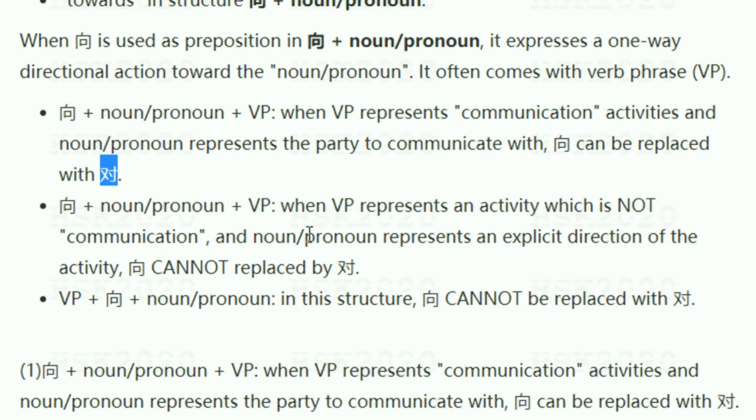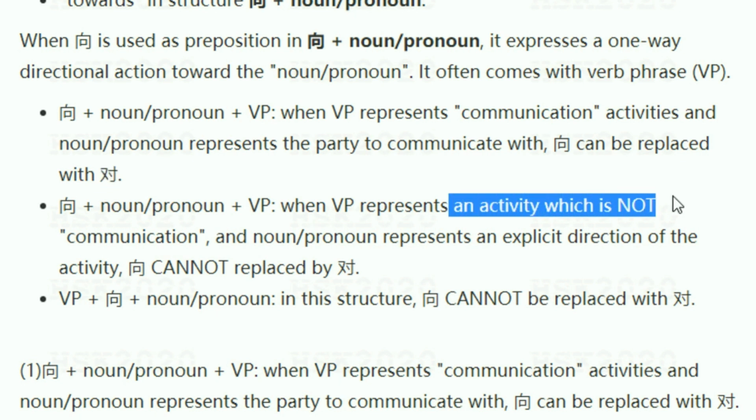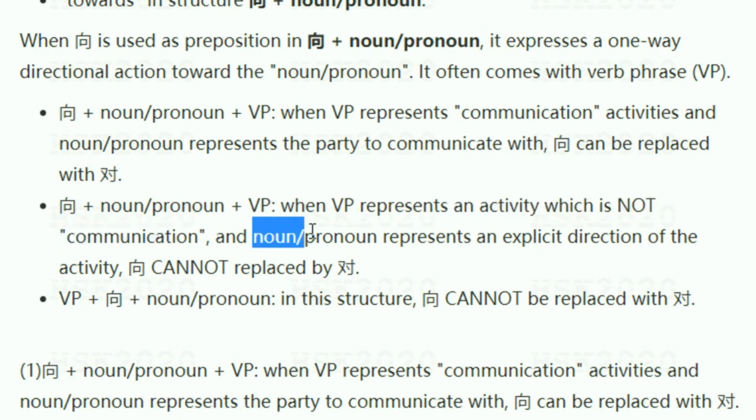But in other situations, when the activity is not considered to be a communication activity, and sometimes the noun or pronoun represents an explicit direction of the activity, which means it is a direction, 向 cannot be replaced by 对, so it is different.